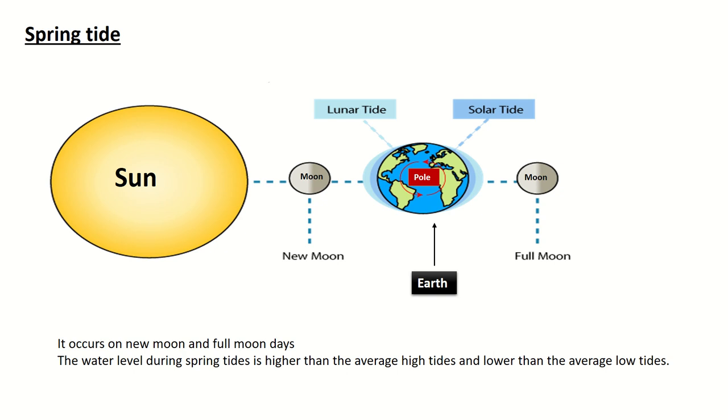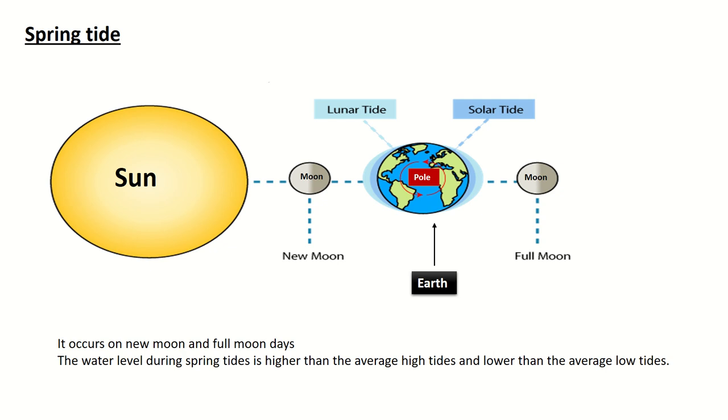There will be more gravitational force here because the gravitational forces of the sun and moon combine and pull the earth together. So here the rise of water level will be highest. This will be the high tide condition.